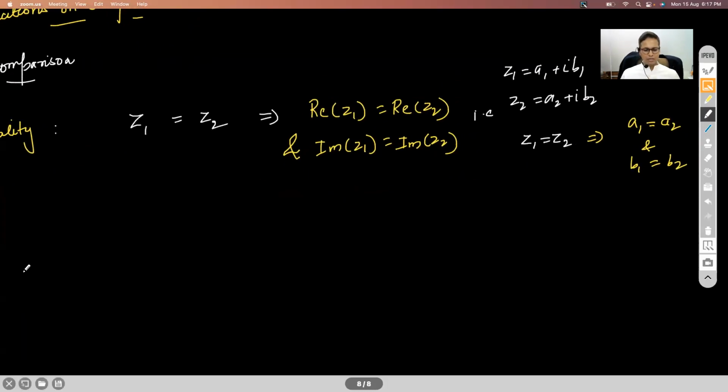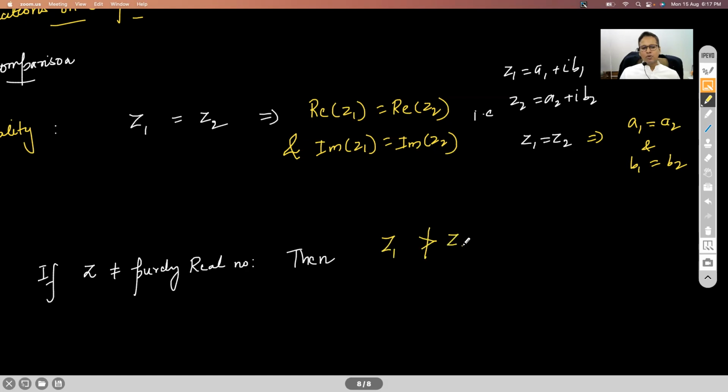Now, what about inequality? If Z is not a purely real number, then note that you cannot say one complex number is more than another.